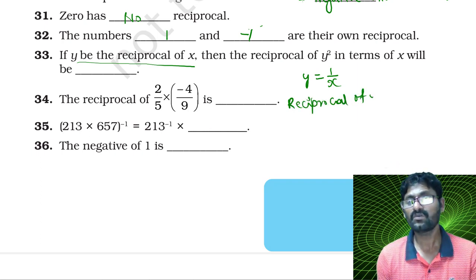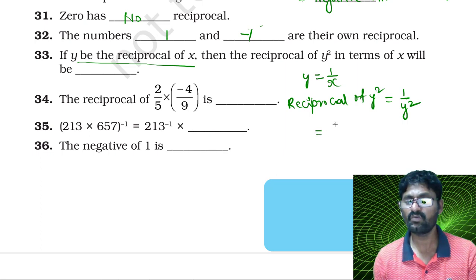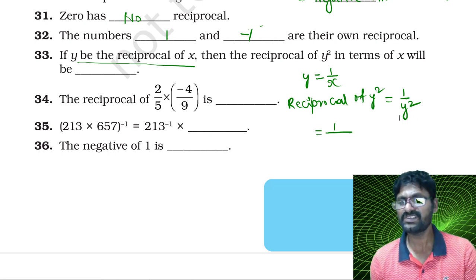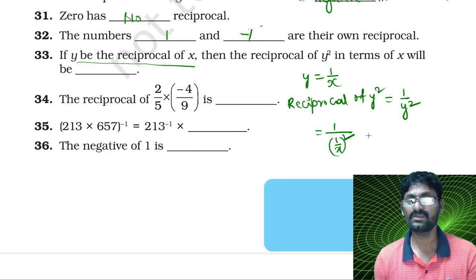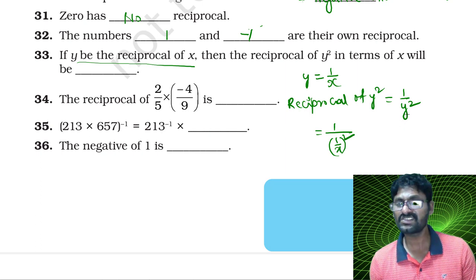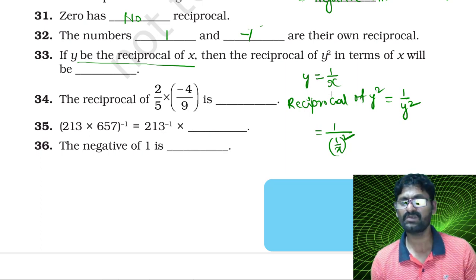Reciprocal of y square is nothing but 1 by y square. So that is equal to 1 by, in the denominator y square, but we know the value of y, that is 1 by x. So write 1 by x whole square. That means instead of y we are substituting 1 by x.